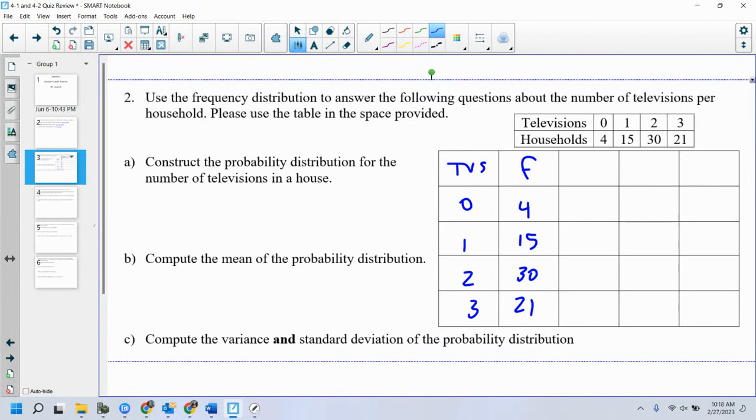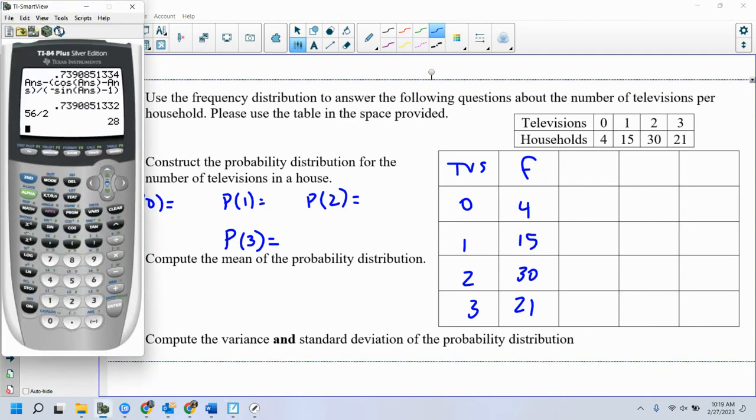That means list out all the probabilities: P of 0, P of 1, P of 2, and P of 3. If I randomly select a person, what's the probability that they have 0 TVs? It is the frequency divided by the total frequency.